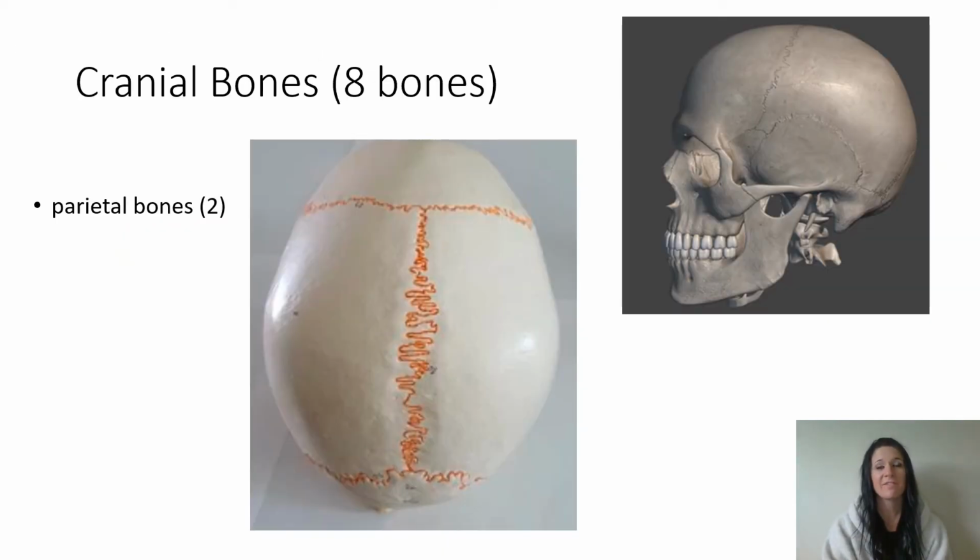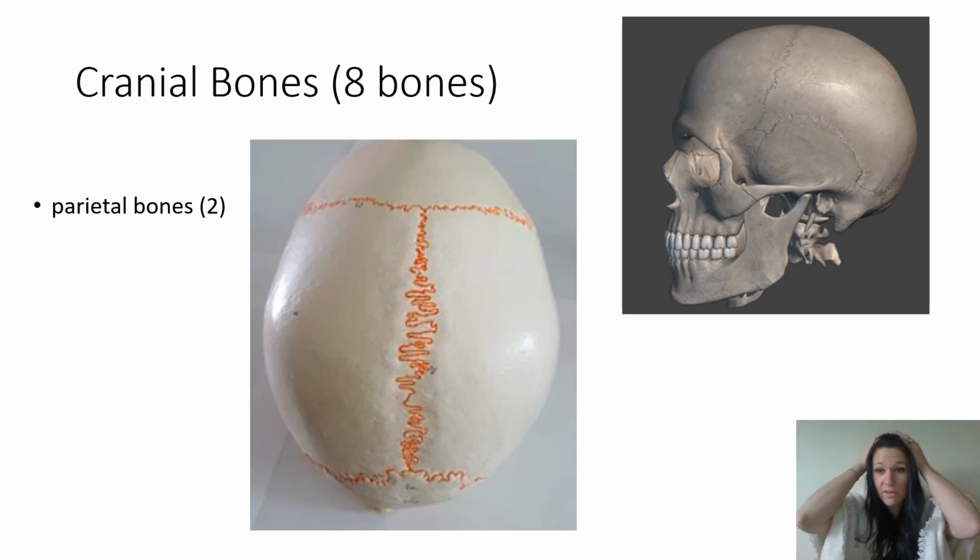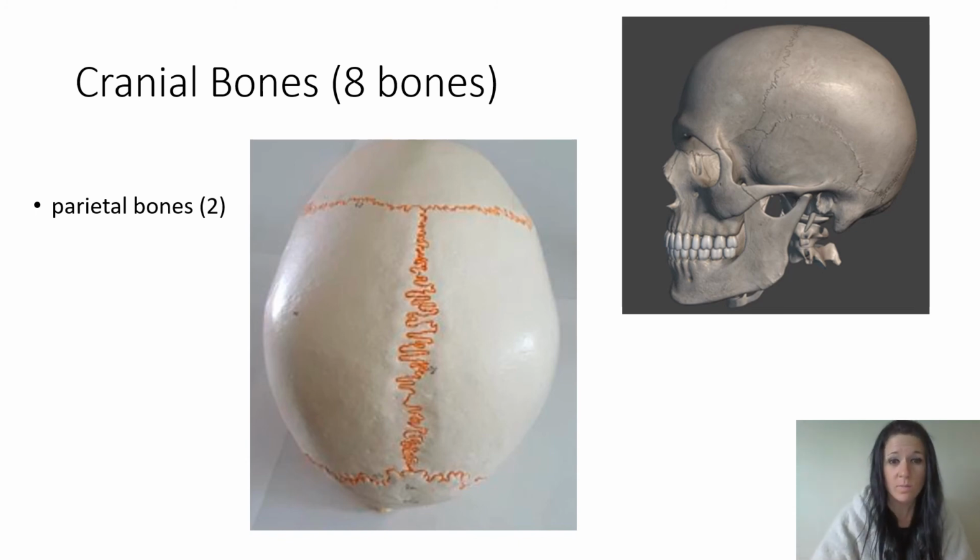Moving on, we have 2 parietal bones. If we're looking at the skull face on, and we tilt it forward so we're looking at the top of the head, here we can see 2 parietal bones. They make up the sides of this cranial vault. On the images, we have 2 parietal bones, one on each side. This is the frontal bone that we were just looking at, and now we can see our 2 parietal bones.